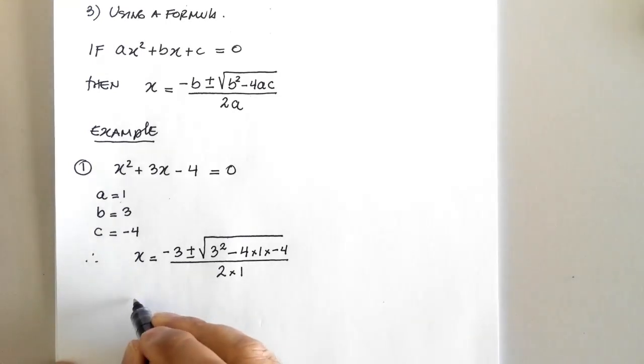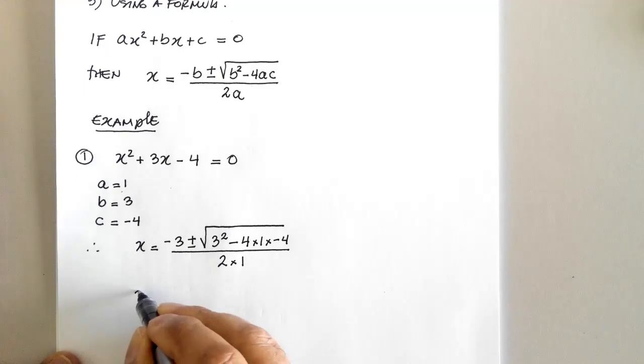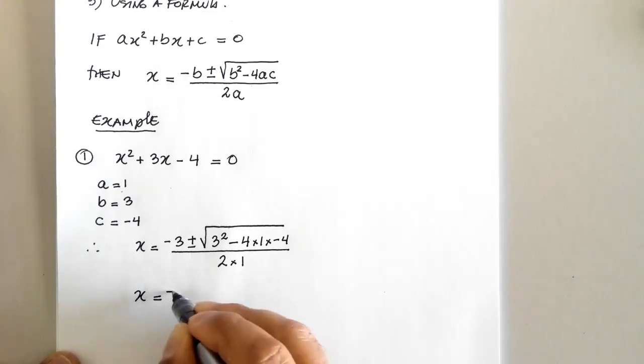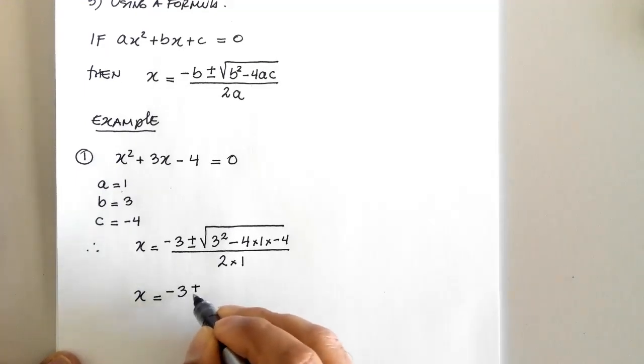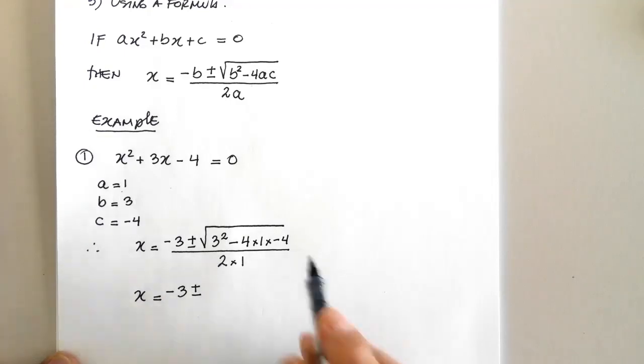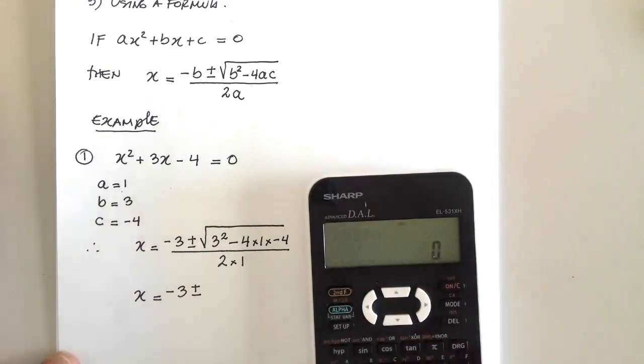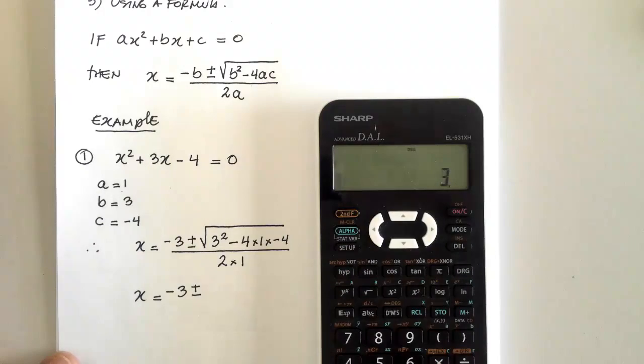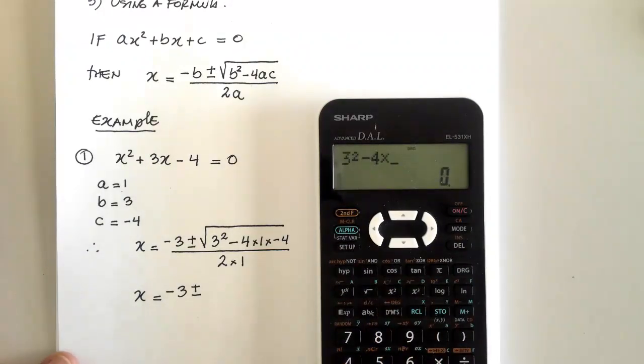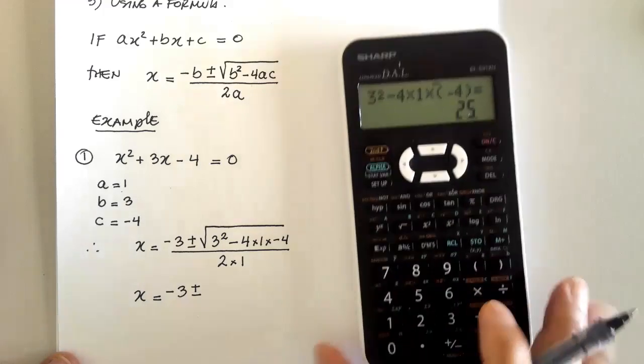And then we're going to simplify. So x is equal to -3 plus or minus, and to simplify this, you can use a calculator. So we're going to do 3 squared, take away 4 times 1 times -4. That will give you 25.